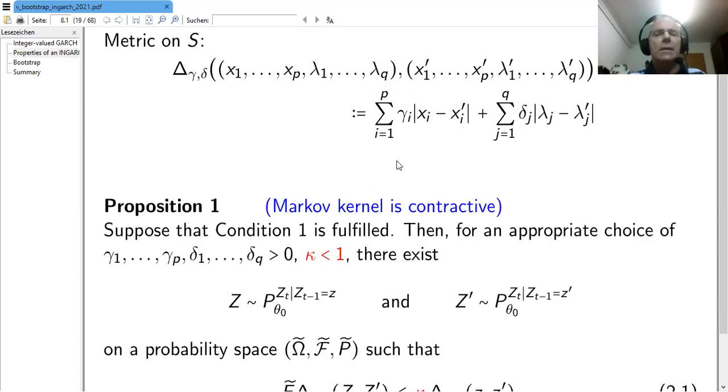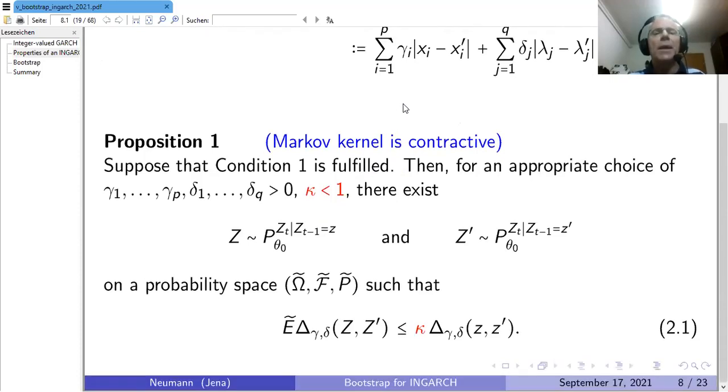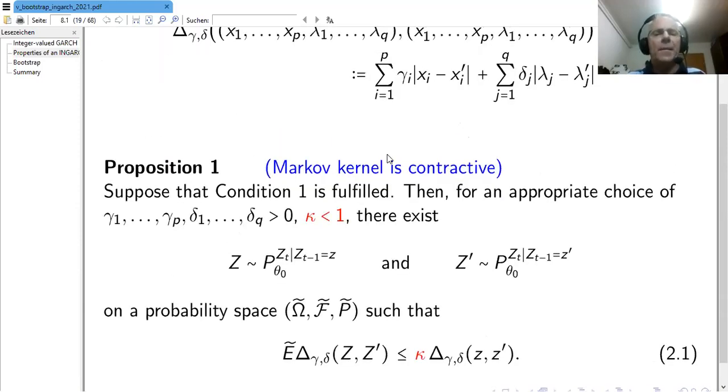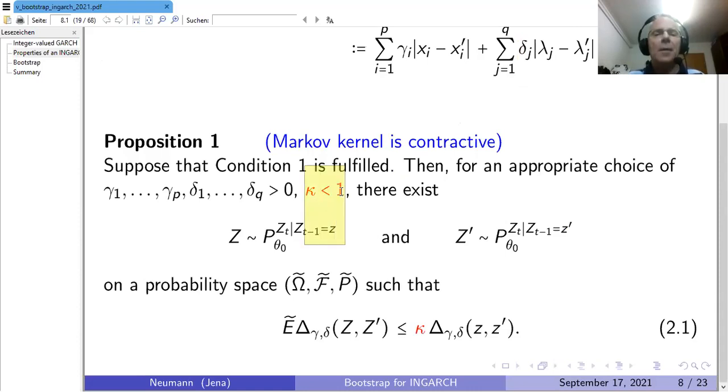So here is the first proposition, namely, in some sense, the Markov kernel of the Z process is contractive. We suppose that the contraction condition on the intensity function is fulfilled. This is condition number one. Then it is possible to choose these constants here, gamma_i and delta_j, in an appropriate way, such that there exists some kappa strictly less than 1.